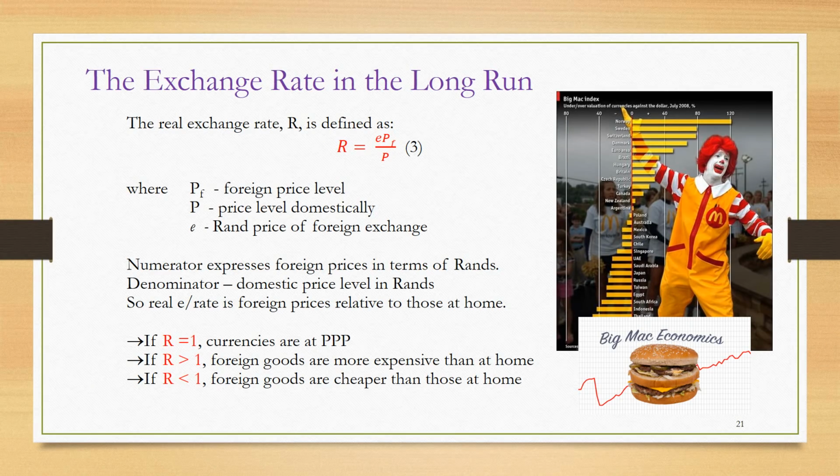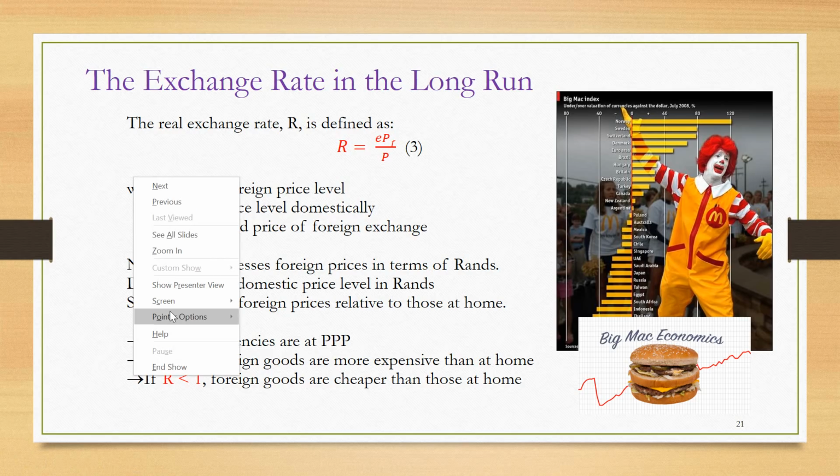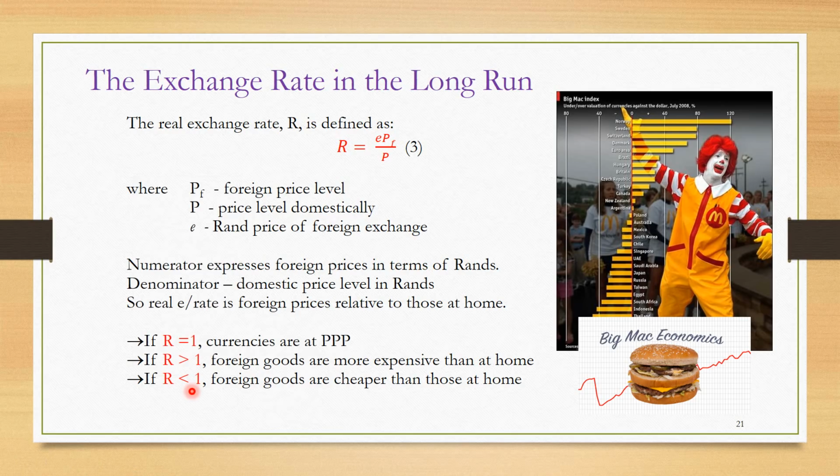So when we get the situation that we've just worked out, where R is less than 1, we got a value of 0.9, it suggests that foreign goods are cheaper than those at home, which is what we worked out, because the South African price index had risen.